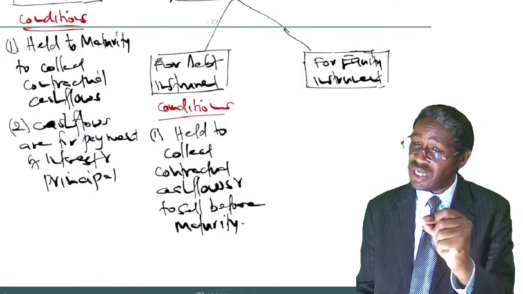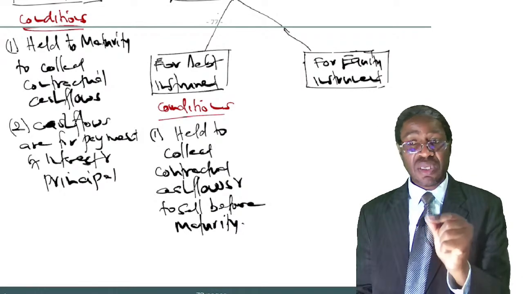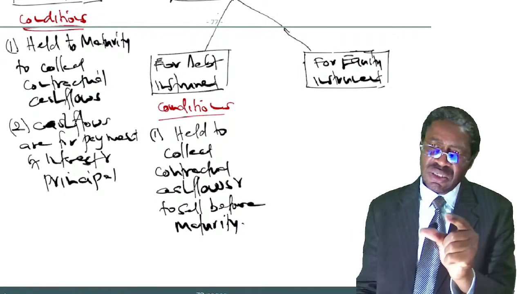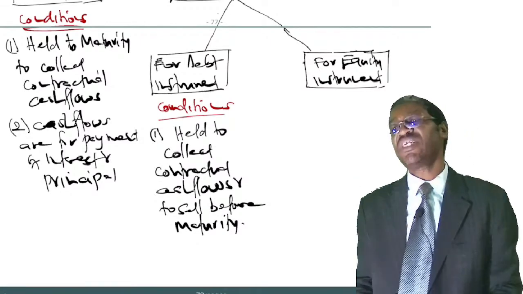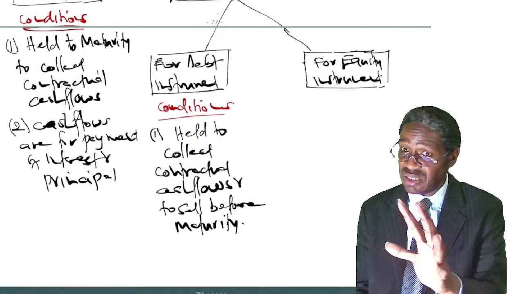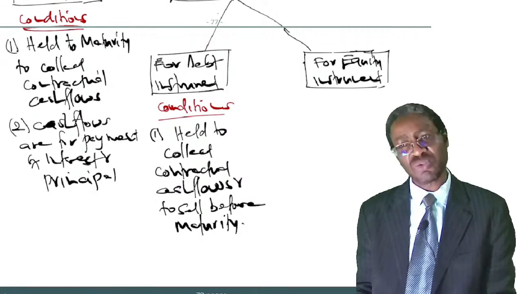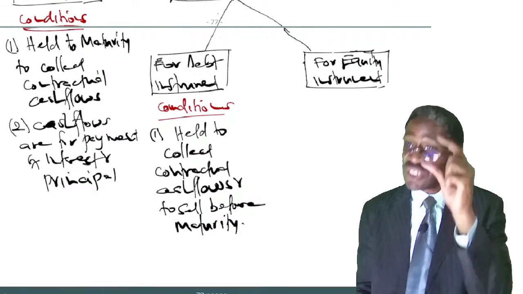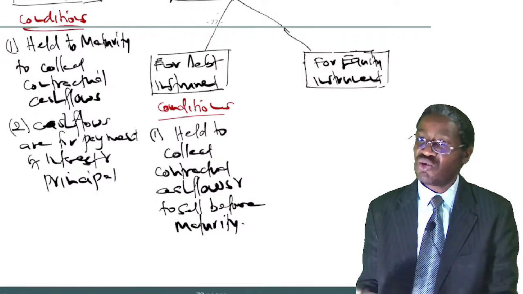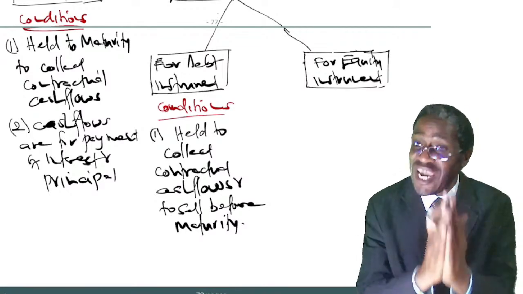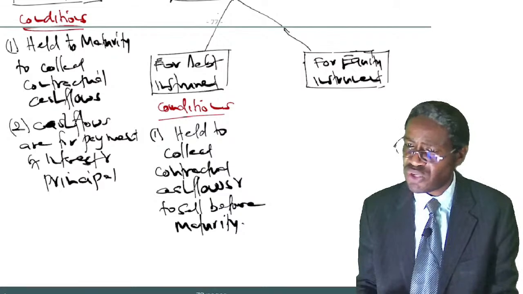You as an investor went to the stock market and bought the bond. But your aim is to wait and see if the market price of the bond goes up, then sell it and make a gain. I don't have to keep it until it matures. My aim is to sell it if I gain. So you are holding it to collect the contractual cash flows and to sell before maturity.